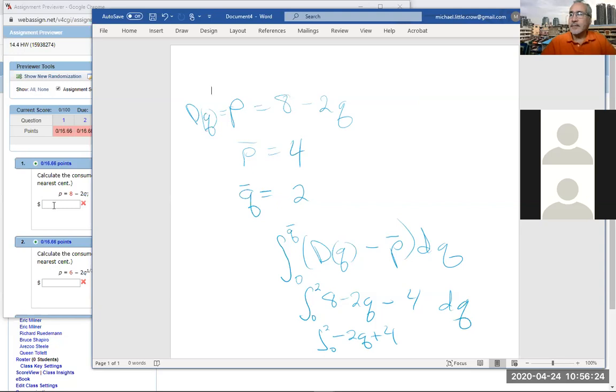How do I do that with my calculator? Let's see. Here's my calculator.